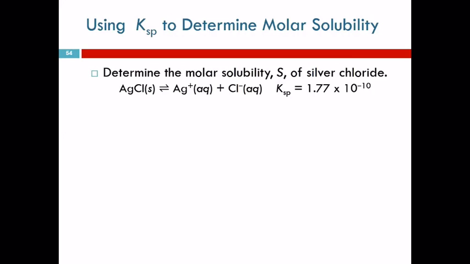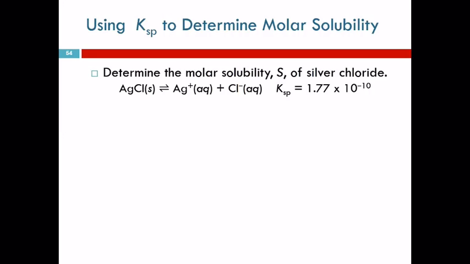So let's do an example. Determine the molar solubility, S, of silver chloride. And we're given the chemical equation showing how it dissolves, and we're given the value of KSP. We want to know how many moles of silver chloride will dissolve per liter of solution.